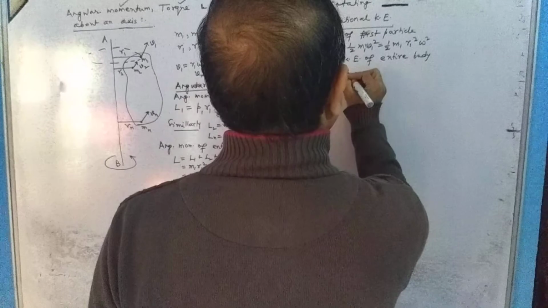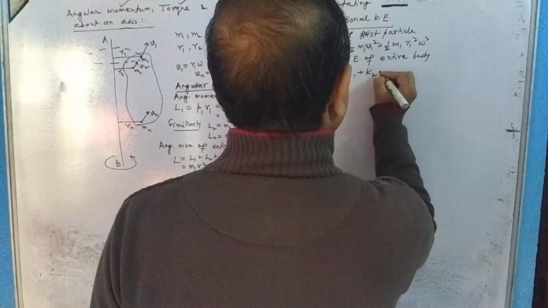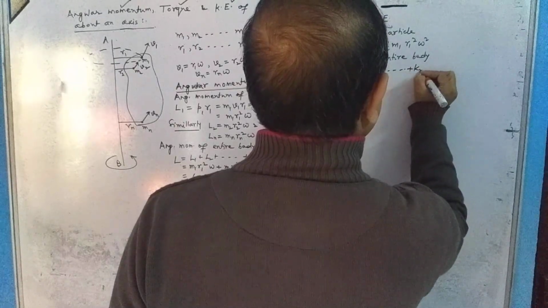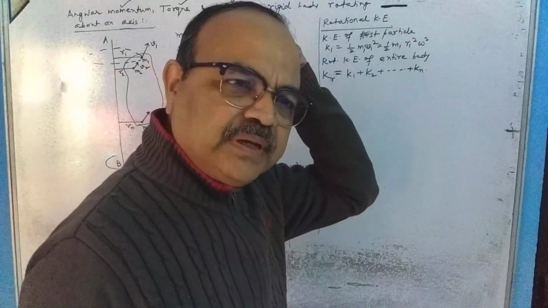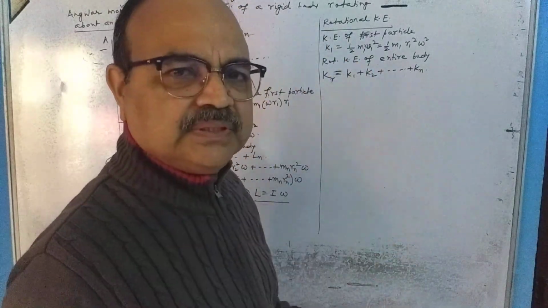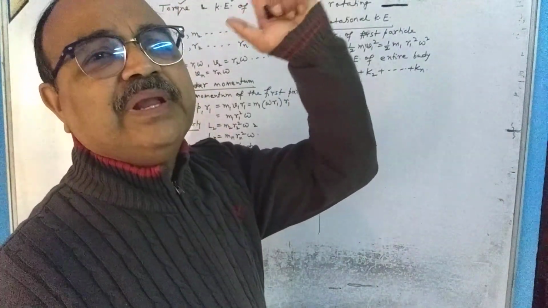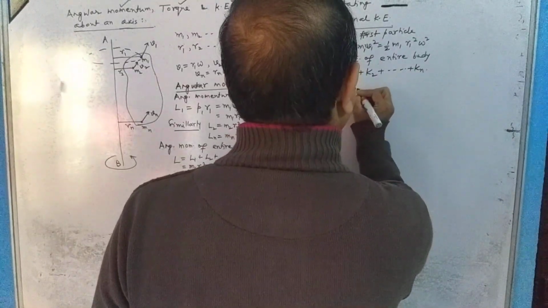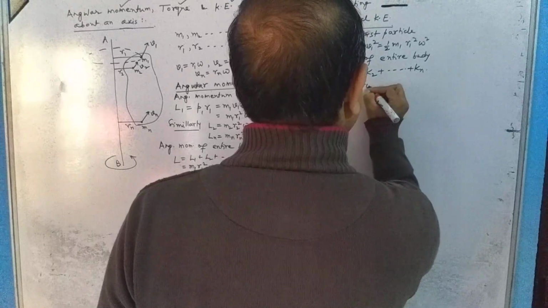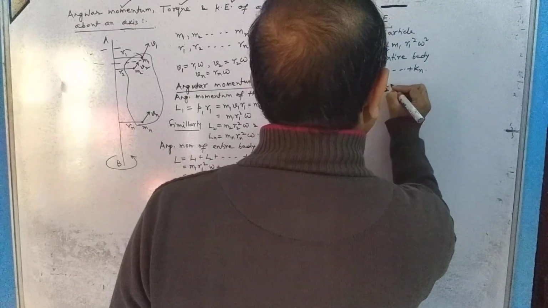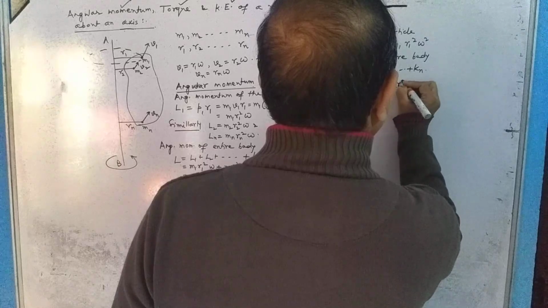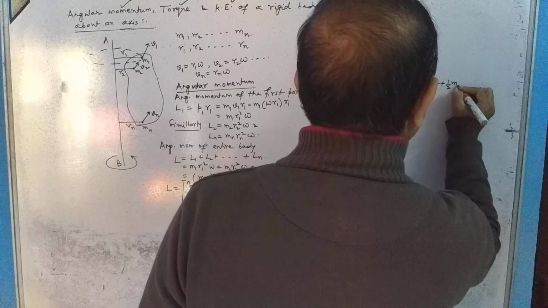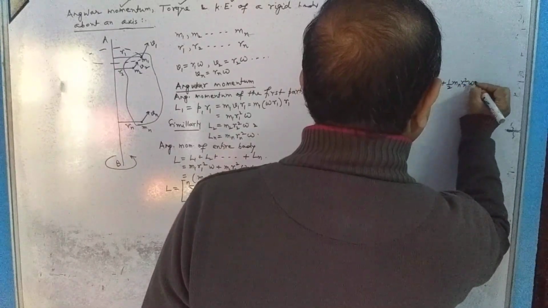That is equal to K1 plus K2 plus dot up to Kn. Don't confuse between radius of gyration and this here. That's why I have written it only K. That is equal to, for the first particle, half m1 r1 square omega square plus half m2 r2 square omega square and so on up to half mn rn square omega square.